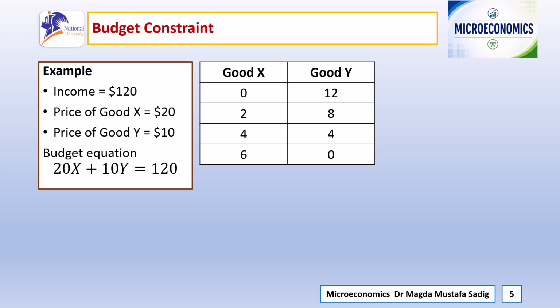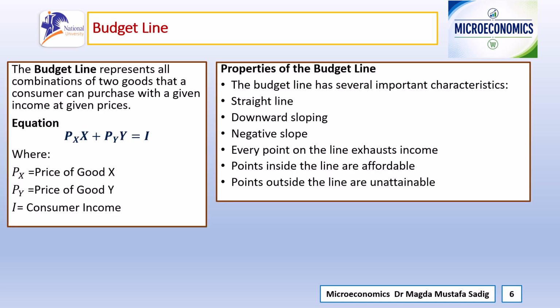Now we can turn these equations and this table into a budget line. The budget line is a graphical representation of all affordable combinations of good X and good Y. Every point on the line represents combinations that exactly exhaust the consumer's income.